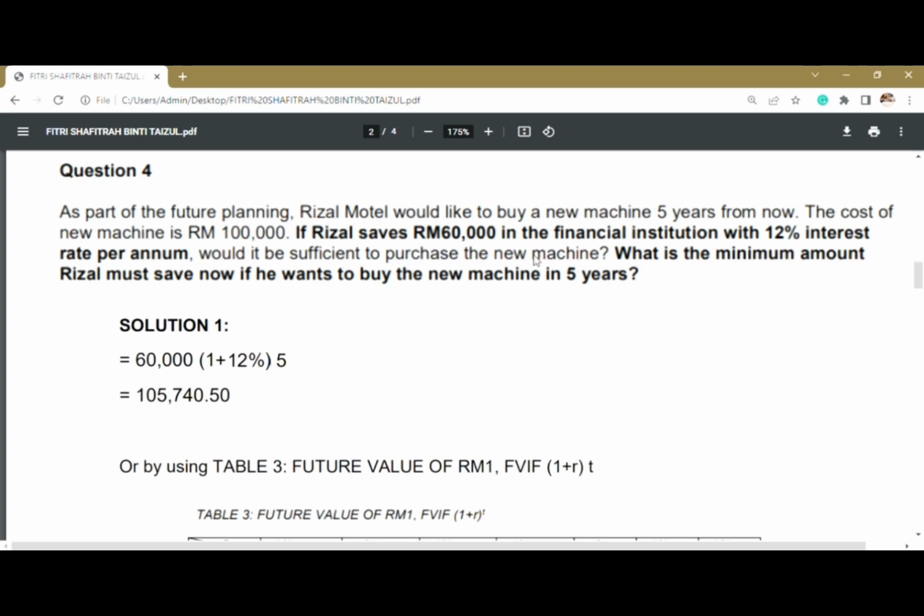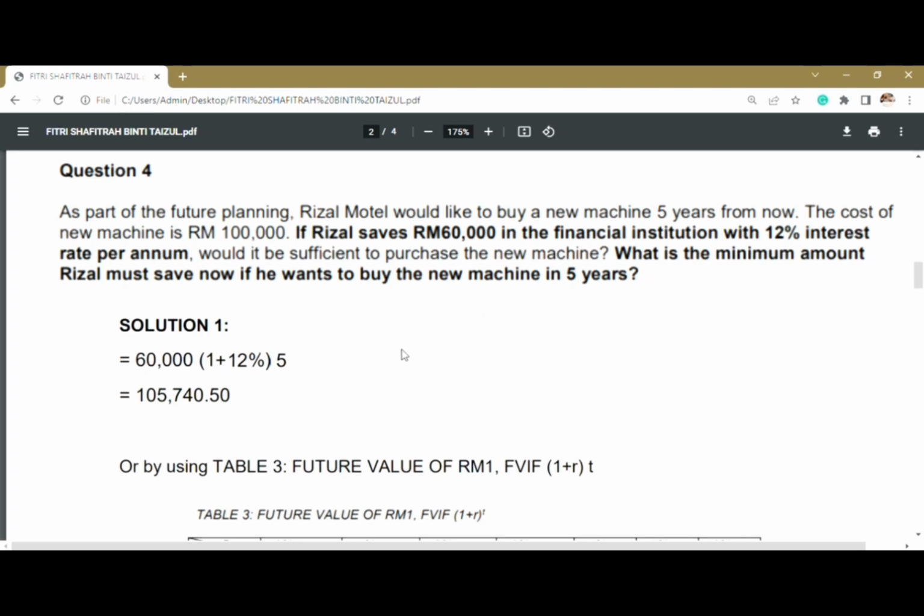For the first one, we can use the formula under future value interest factor, because future value interest factor under compound cash flow is used to calculate the single cash flow that is invested now and kept for a specific period at a specific interest rate.